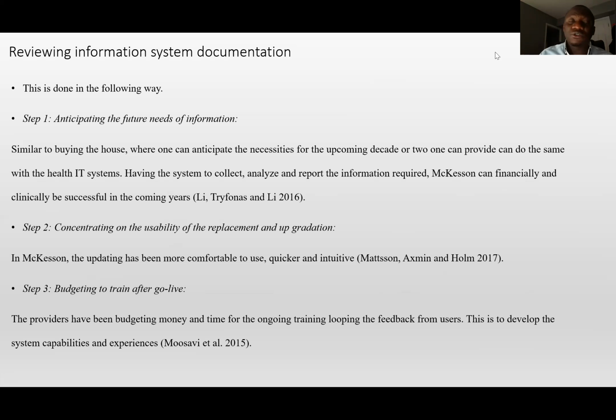We have to review the documentation. Do we have the number of users that got to be part of the training? We look at the resources, system configuration, and make sure everything aligns. So these are very good. Reviewing the information system documentation provides very good evidence.